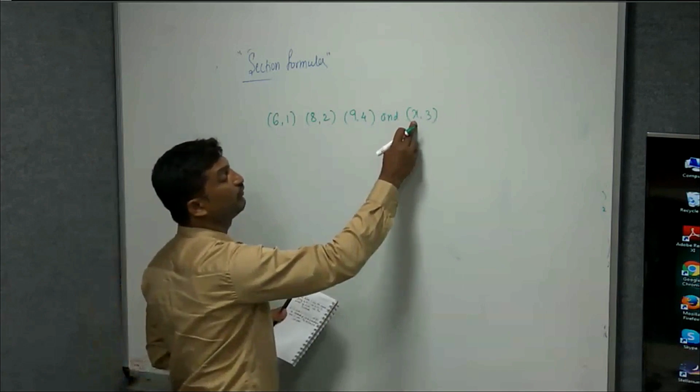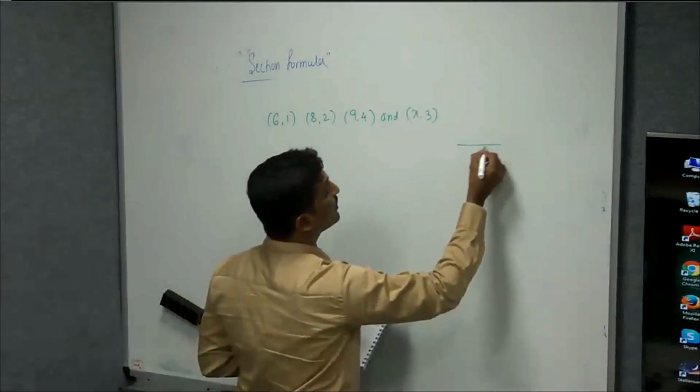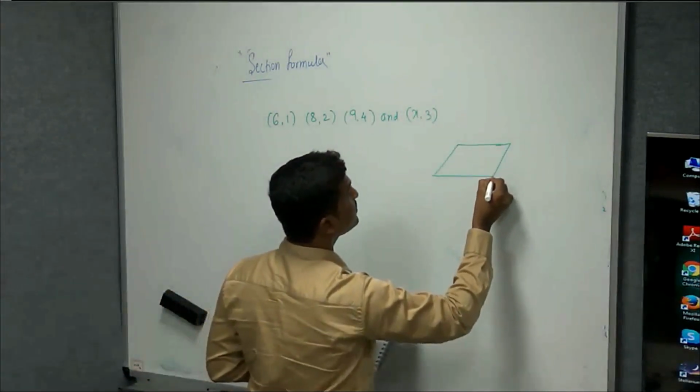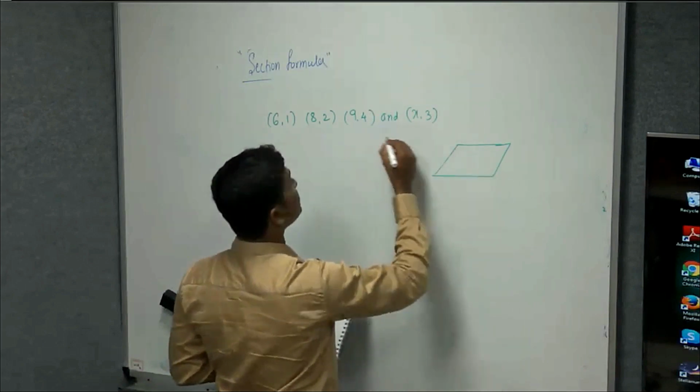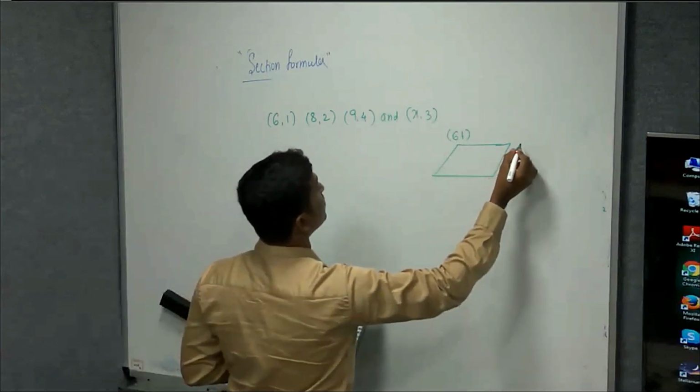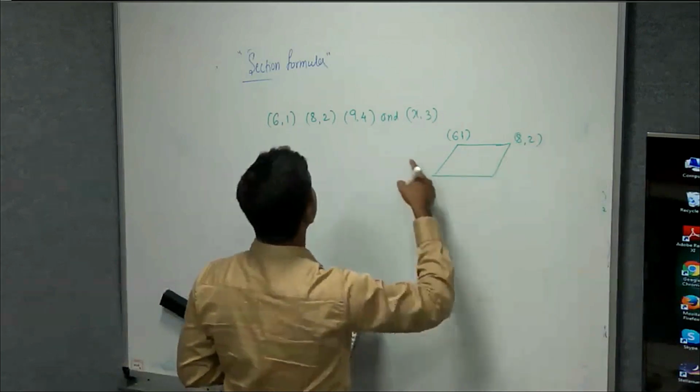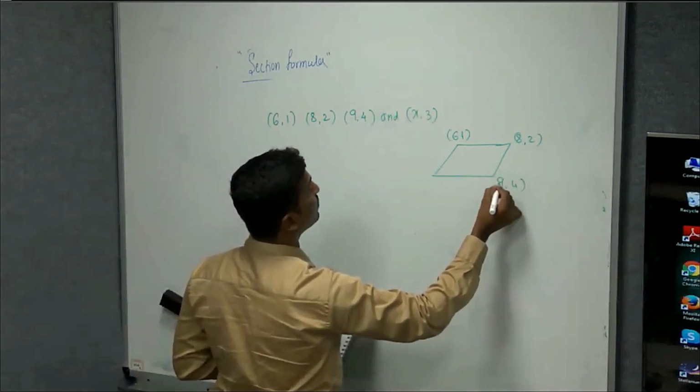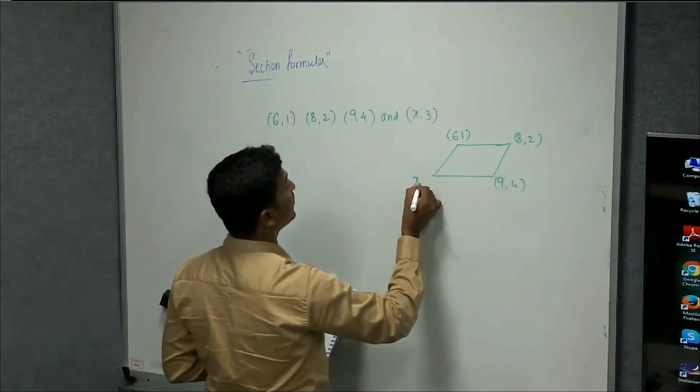Calculate the value of x. So draw a rough diagram of the parallelogram like this. Let us take this as 6, comma 1, this as 8, comma 2, this as 9, comma 4, and this as x, comma 3.